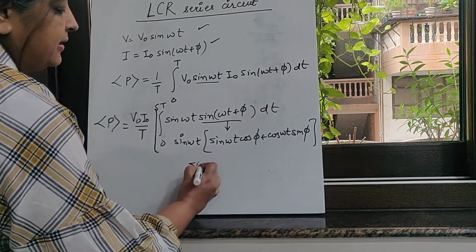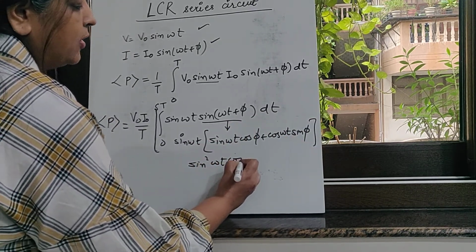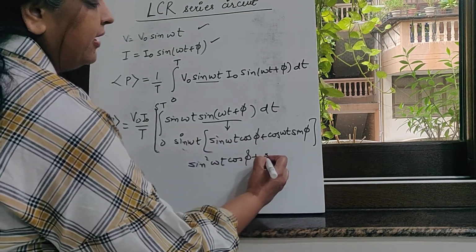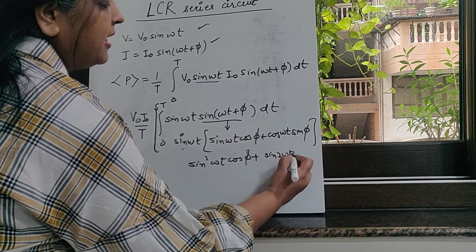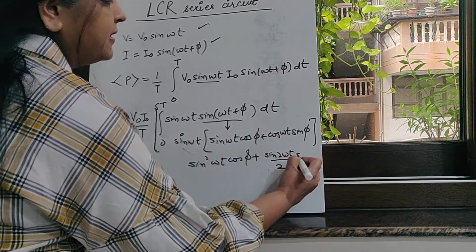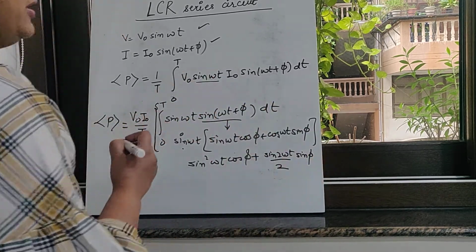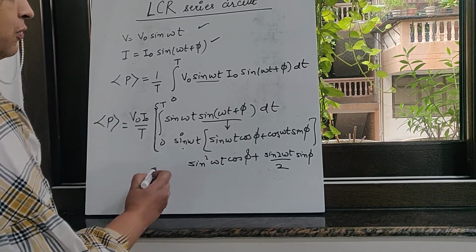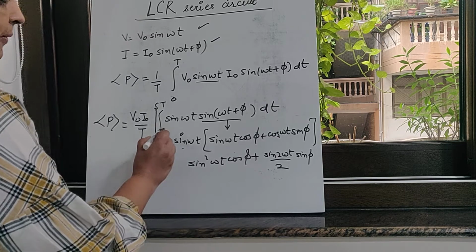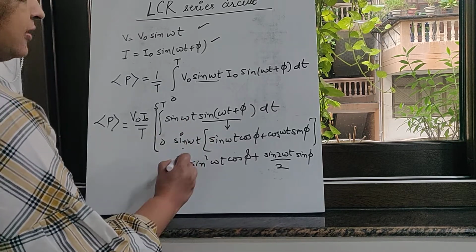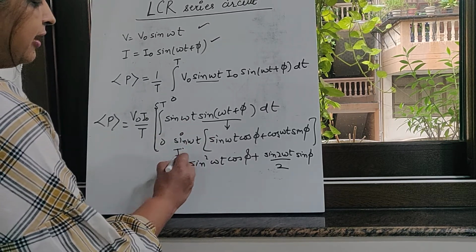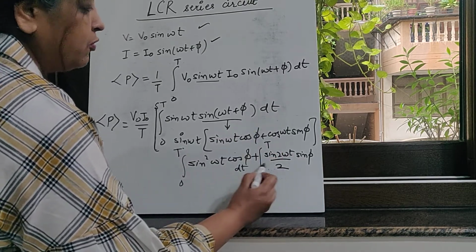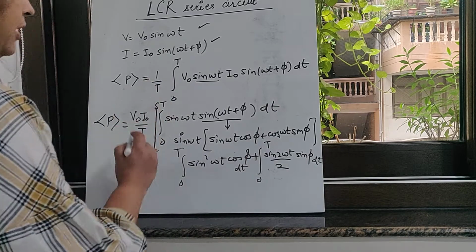So it gives us sin square omega t cos phi plus sin omega t cos omega t will give us sin 2 omega t by 2, and then we have sin phi. I have almost used all the trigonometric relationships which could be used here to simplify it and to be able to integrate it. Then we have to integrate both the expressions, so therefore I am taking the integration sign here also, and I am taking the integration sign here also. I missed out dt, so I am writing it down here.